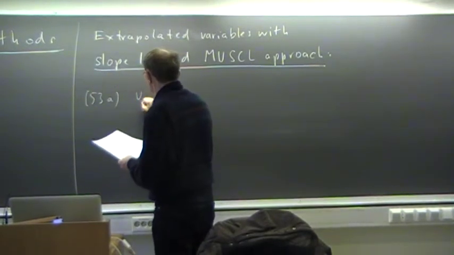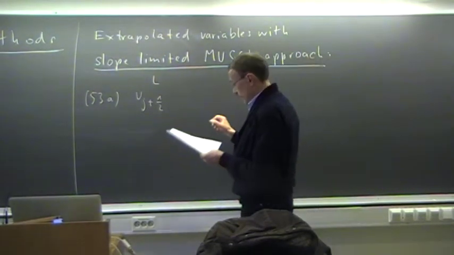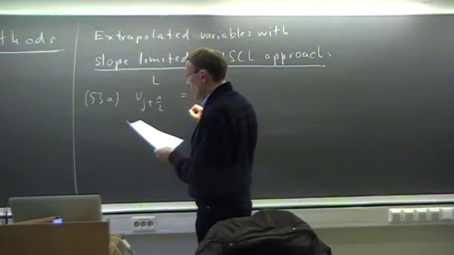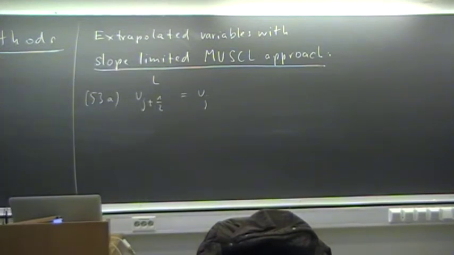So we have the value that we extrapolate from the left at the phase j plus 1/2 by taking the value in the cell j that we are working with. So that is the value here.